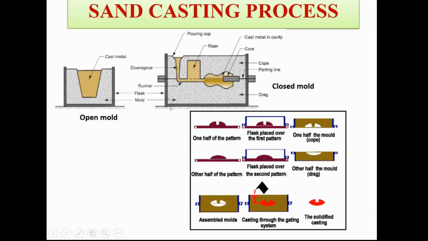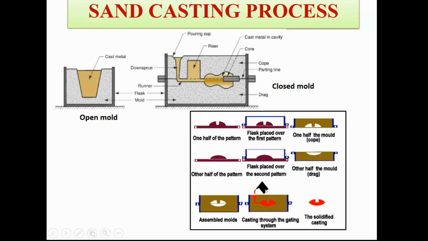And then you place these two parts, cope part and drag part, over each other. And at this particular location you place two pins or stick-like objects, so that it will create the channel for the feeding of your molten metal into the die cavity.